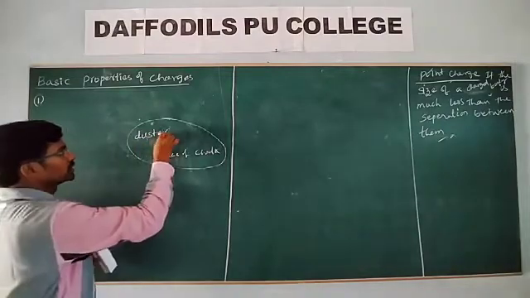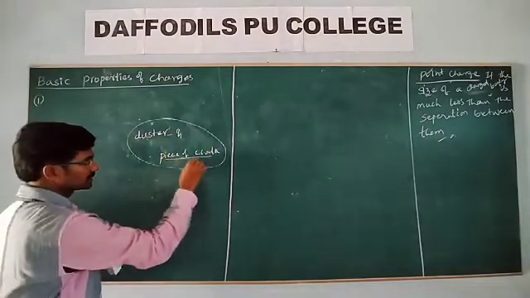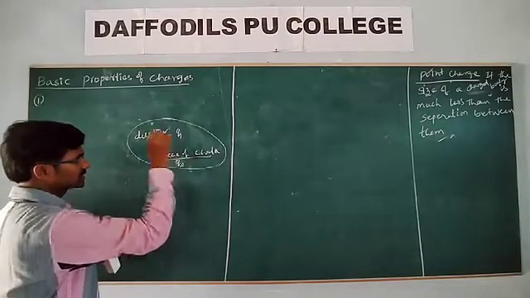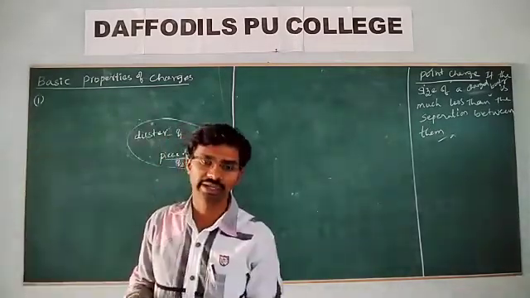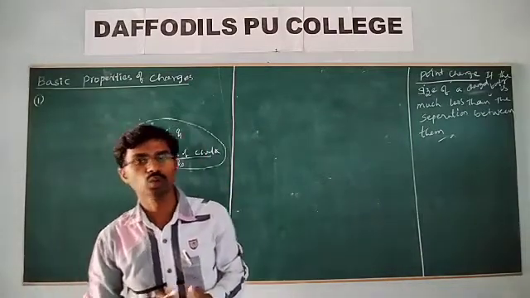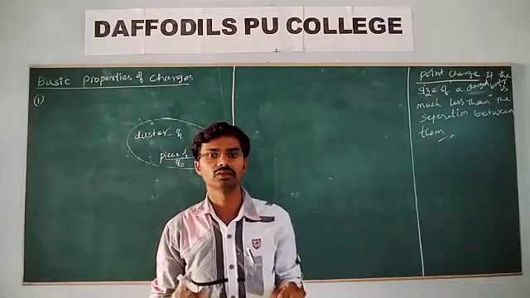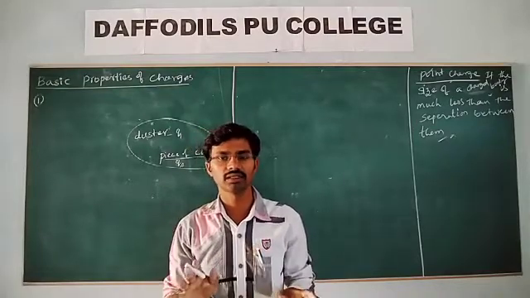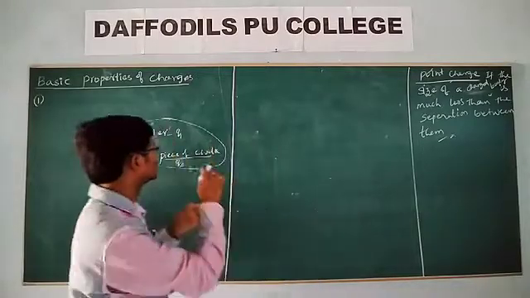For example, if the charge on the duster is Q1 and the charge on the chalk piece is Q2, then what is the total charge? How do we take the total charge? Very simple, don't worry about this one. Just add the charges on these two points.